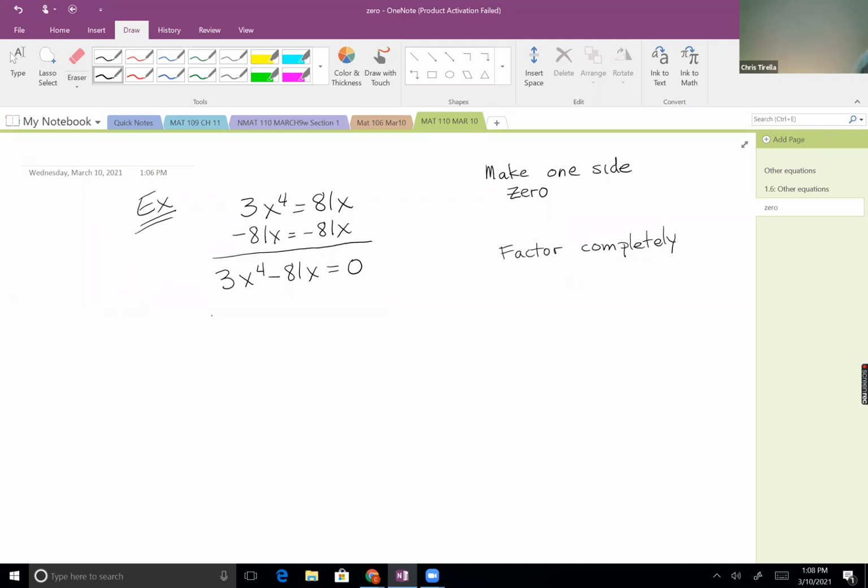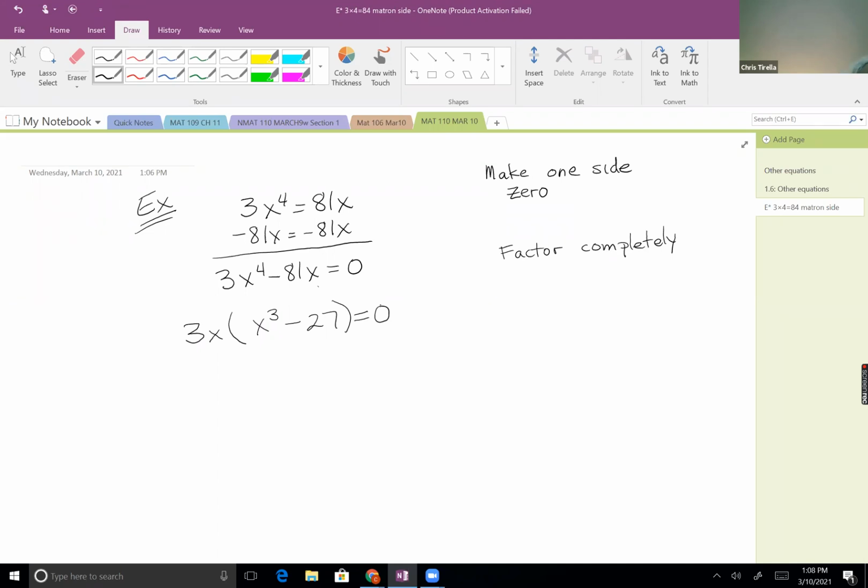They can both be divided by 3, and they both have an x. The lowest exponent is 1, so my common factor will be 3x. When I divide 3x to the 4th by 3x, I get x to the third. When I divide negative 81x by 3x, I get minus 27. And so we factored once.